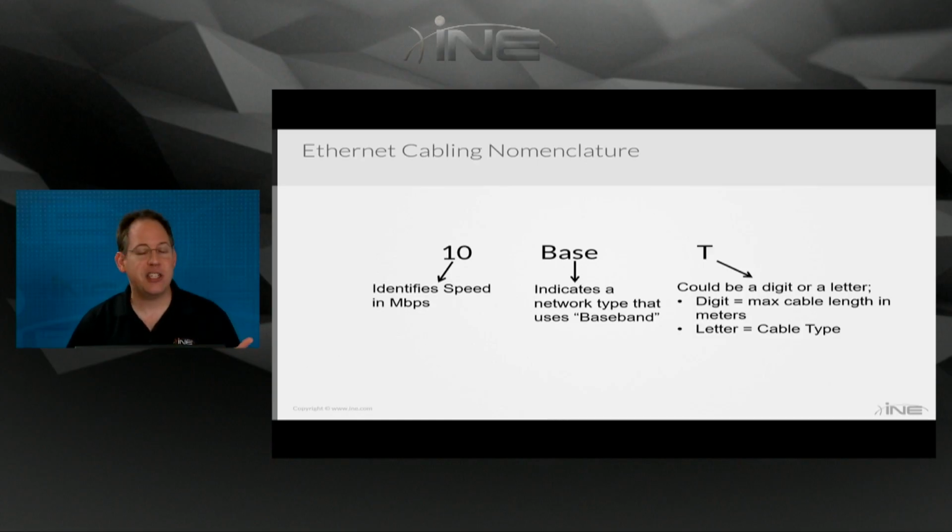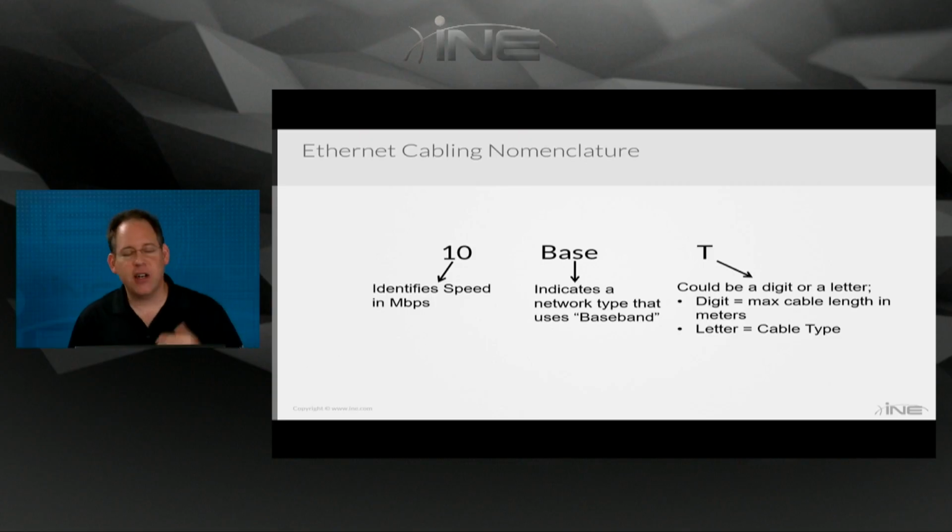T4 and T2, which you won't see anymore, also used copper twisted pair cabling, but with the cabling and signaling done a little bit differently. If you see a letter other than T, for example ZX or LH, a lot of times that represents fiber optic cabling of some sort. Unless you see CX, where C stands for copper cabling.